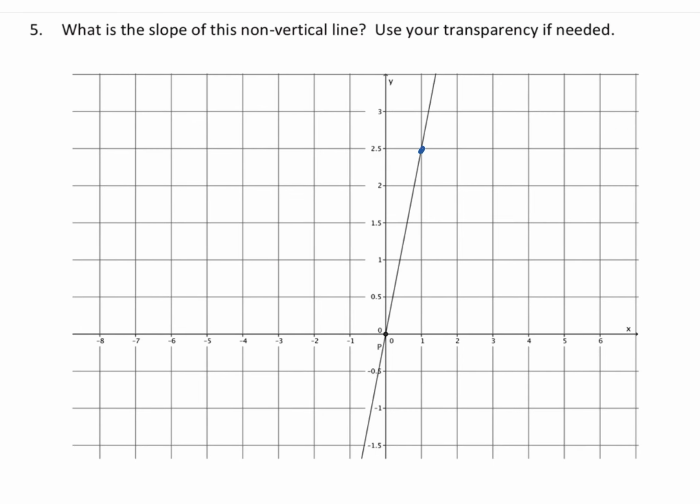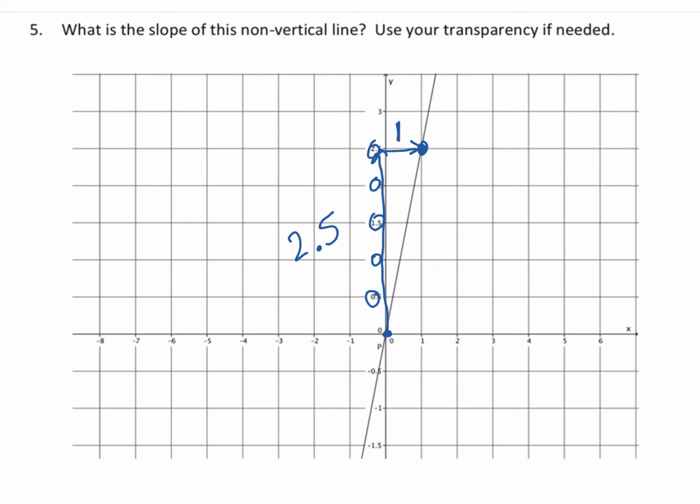On this one, wherever you see the line cross in the corner of a box is another point. So here is our left point, and this one would be our right point. As I move from the left to the right, I have to go up and then over. I go up by 1/2, 1, 1.5, 2, 2.5, and I go over 1.